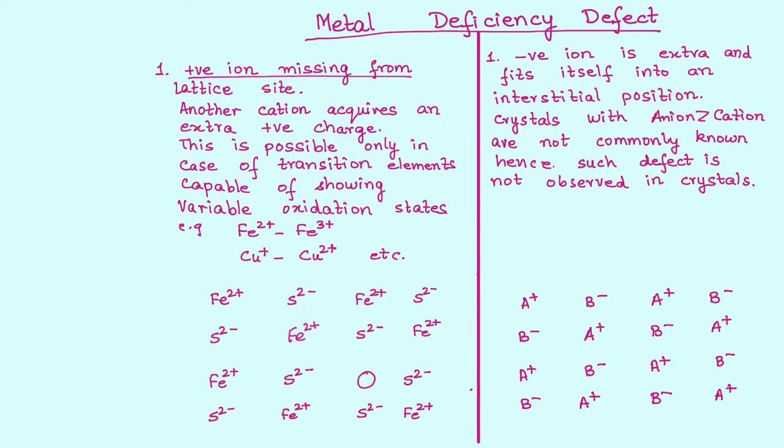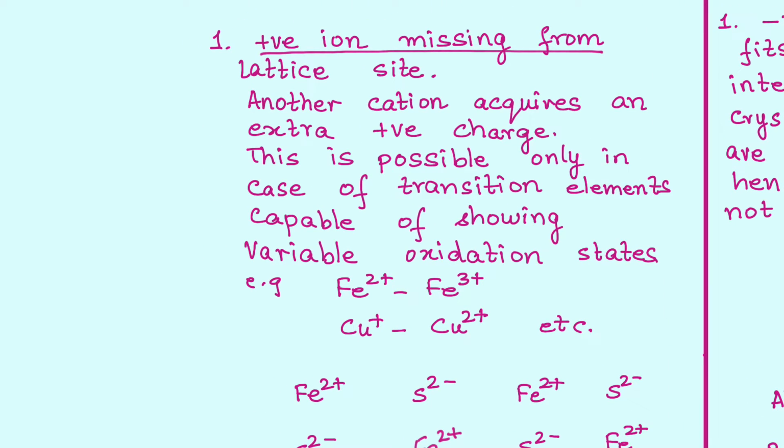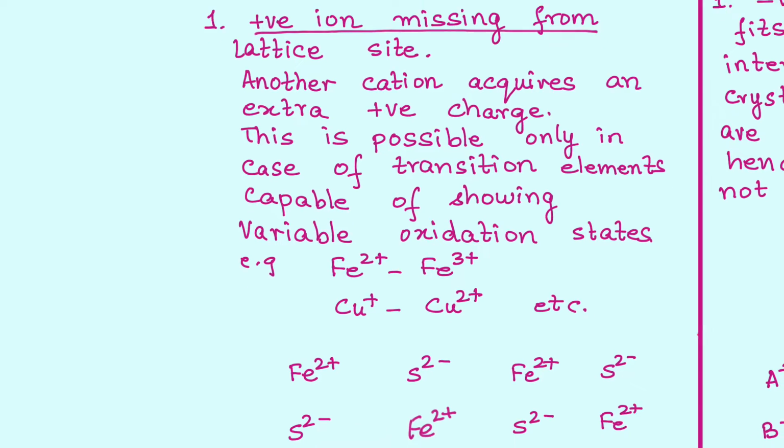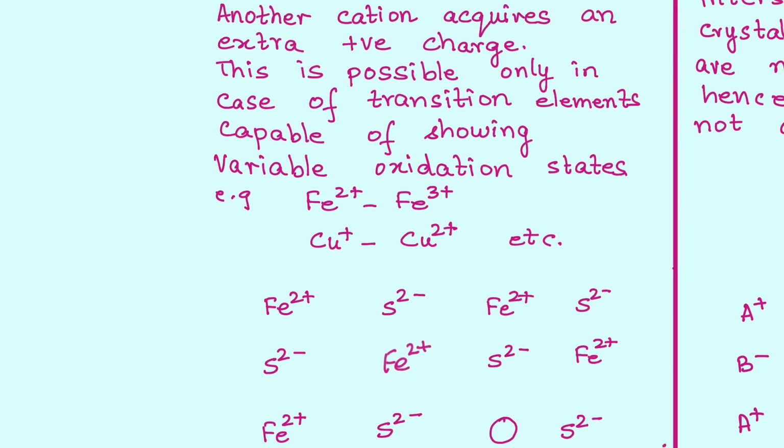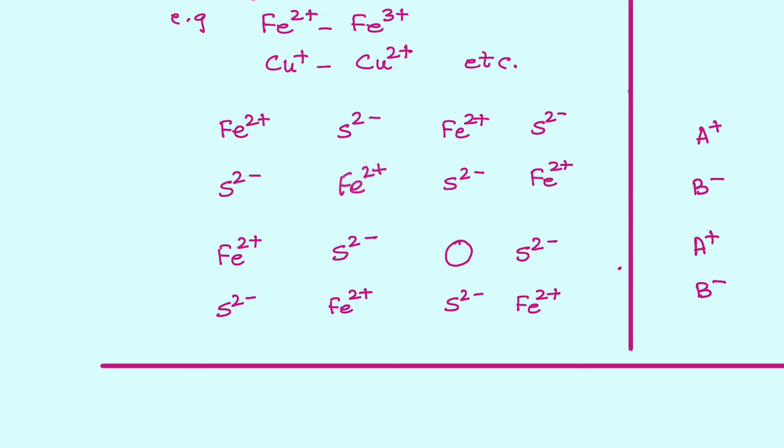So the first one is when the positive ion is missing from the lattice site. That means one of the boys or some of the boys do not come to the school, right? For some reason or the other. So what will happen? We need the other boys to cover up for them because only the girls are answering all the questions.